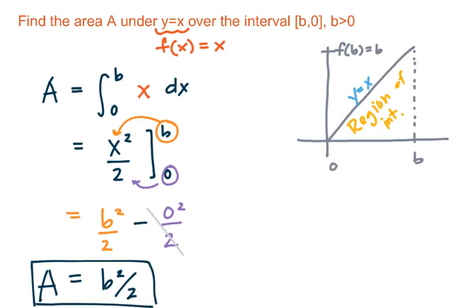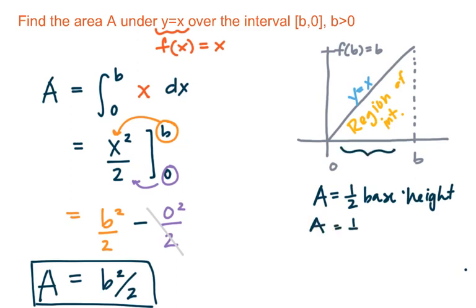Okay? So if I used my regular formula, because this is a right triangle, and we try to find the area of a triangle, we know that area equals 1/2 base times height. And the base width of this triangle is b, so area equals 1/2 b, and my height is also b.